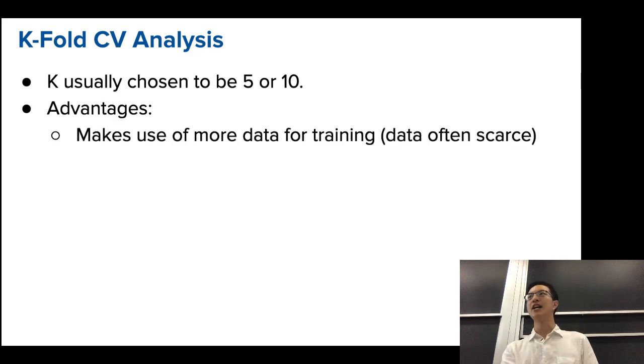Okay, so the advantage of k-fold cross-validation is you make more use of your data for training. With this sort of cross-validation, you're taking your entire sample after you split apart the test set, and you're using every point in your sample at least once to train your model. Since data are often scarce, using k-fold CV can be a good way of making more use out of the data that you have.